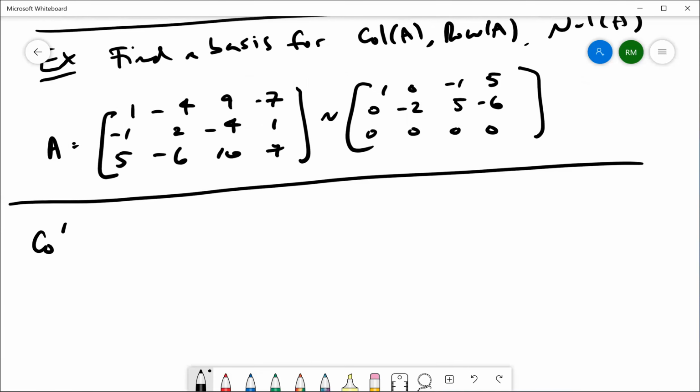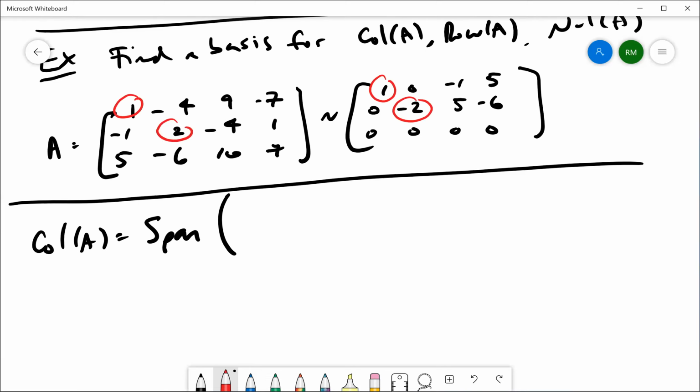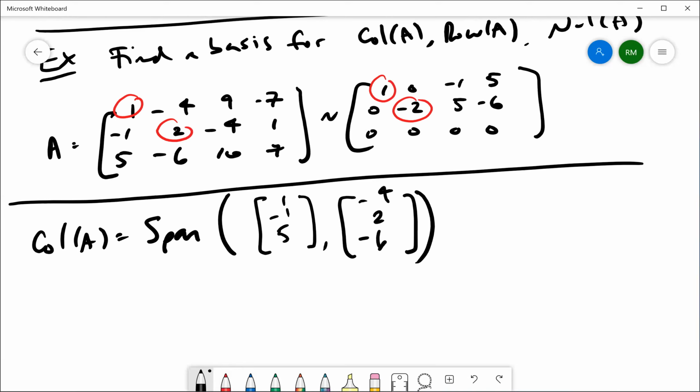So the column space of A is the span. Well, let's see. Here are the pivots. So we take the columns in A, where the pivots are, and the span of those will equal the column space. All right, so those two vectors form a basis for the column space of A.